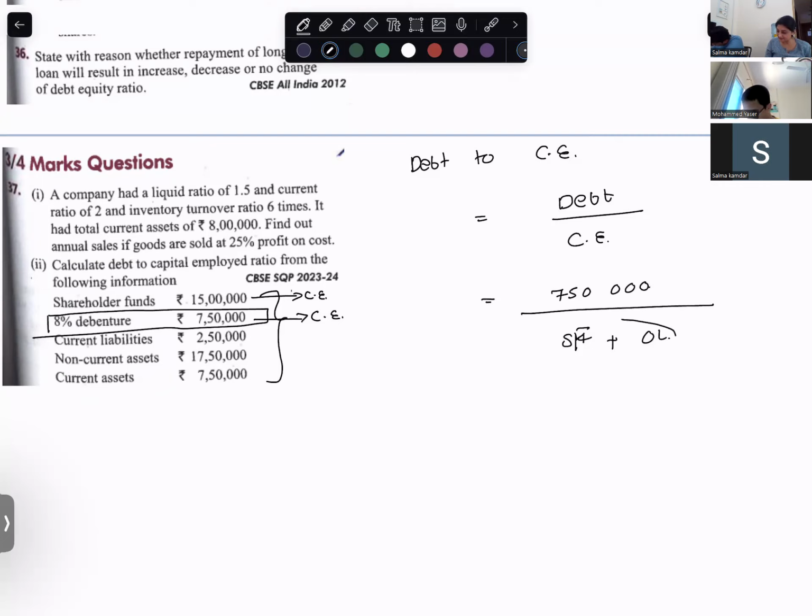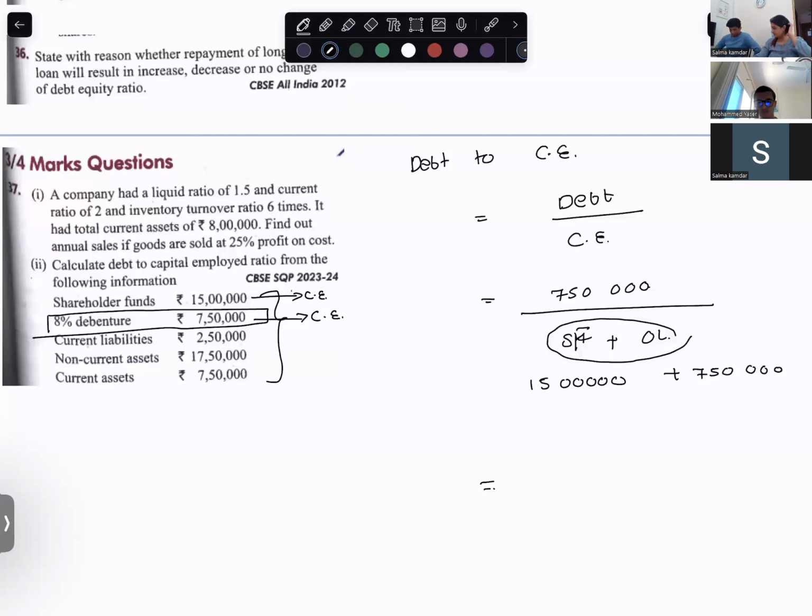Now let's talk about capital employed. It will be shareholders' funds, that is 15 lakh, plus outside liabilities, that is the long-term liabilities, 7,50,000. Now find the debt to capital employed.